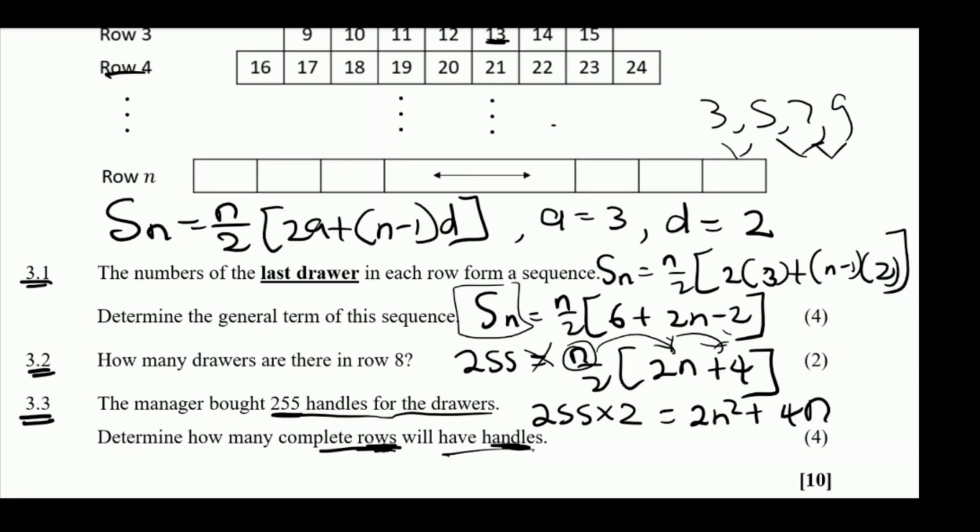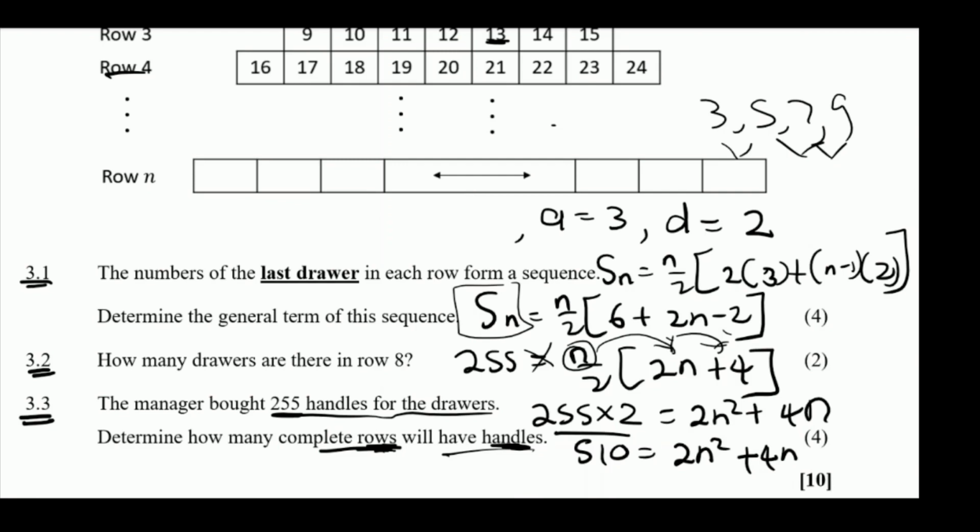So 255 multiplied by 2 gives you 510, which equals 2n squared plus 4n.